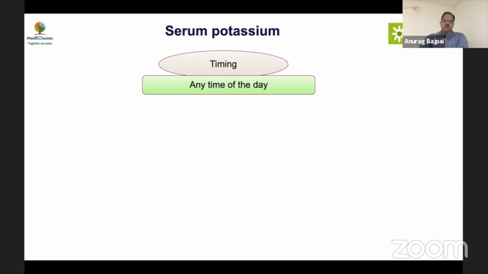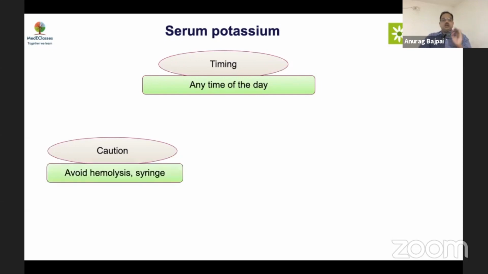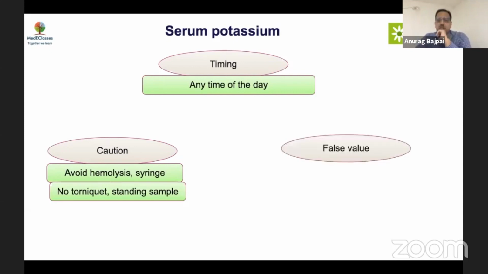Potassium levels, of course, can be done any time of the day, but very importantly, potassium is an intracellular ion. So you should be cautious that it should not be taken with hemolysis. It should not happen with a lot of tourniquet use or a standing sample, because these situations will cause falsely high potassium levels.